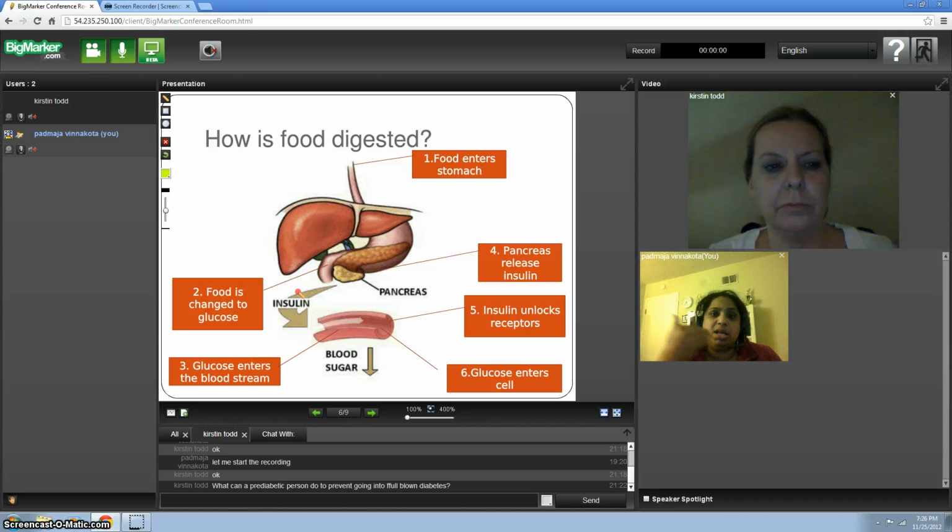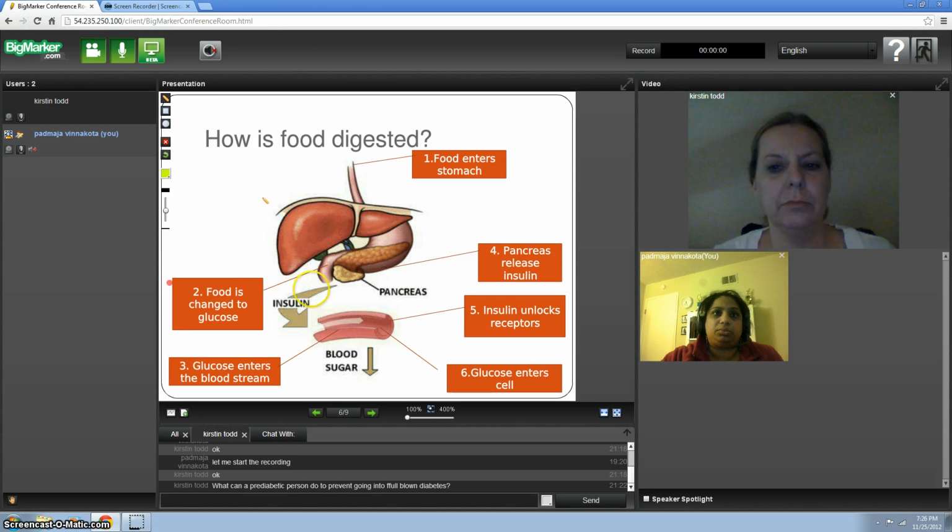The medications that your doctor gives you help the pancreas release more insulin, or the required amount of insulin, for your body.